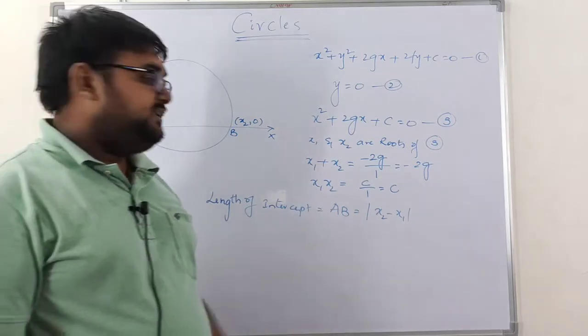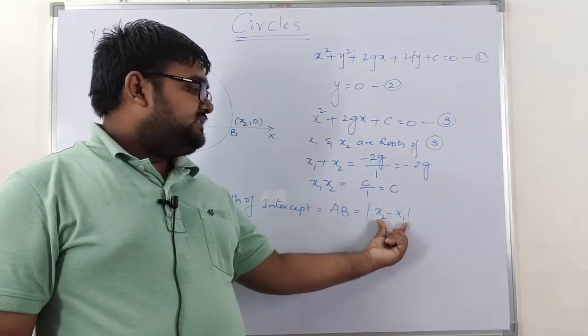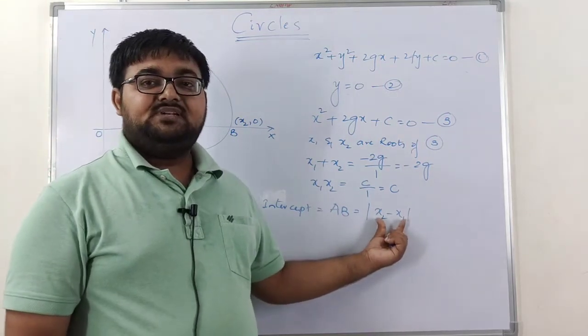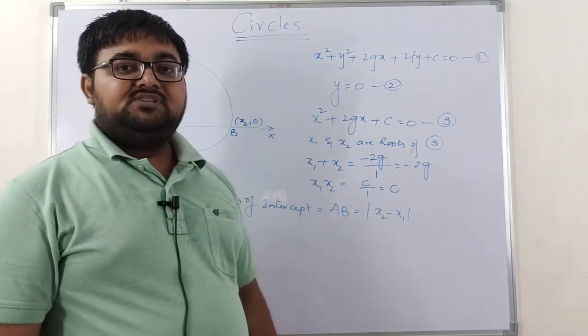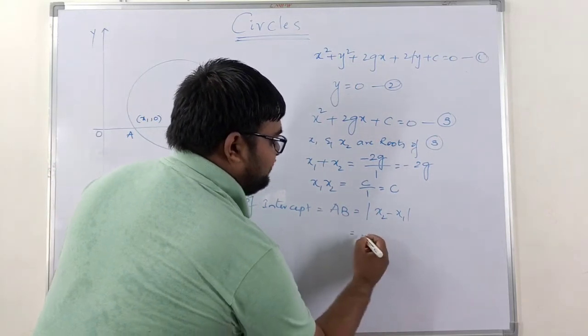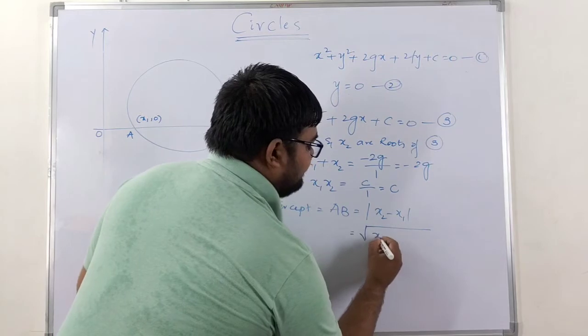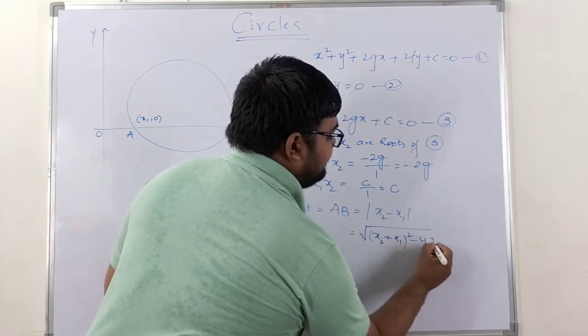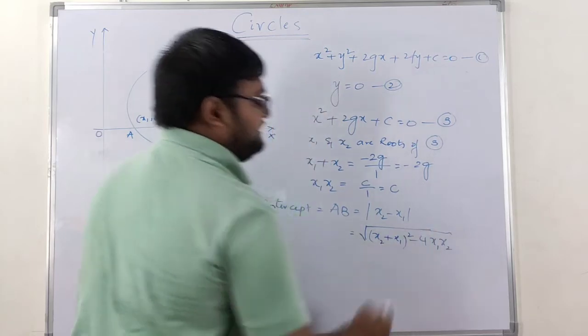Here x1 and x2 are the roots, so x2 minus x1 is the difference of roots. How can I write it? As the square root of (x2 plus x1) whole square minus 4 x1 x2.